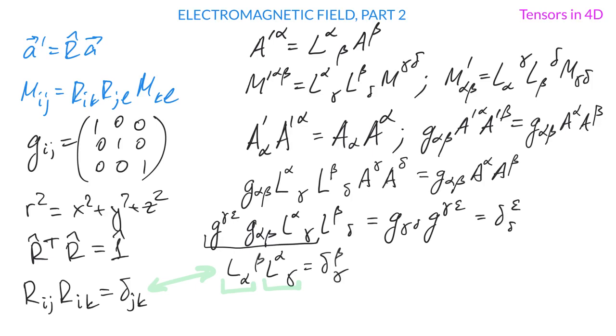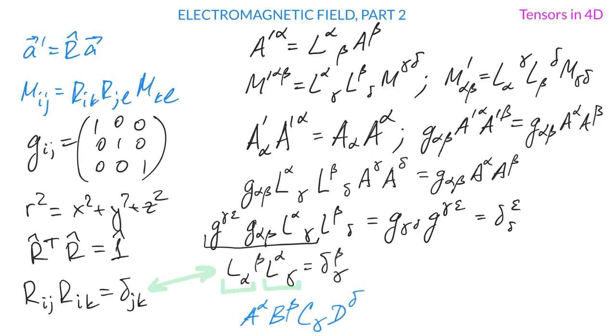So let's check what happens when we contract indices in a tensor expression. From the point of view of its transformation properties under the Lorentz transformations, any tensor is equivalent to a direct product of vectors. So we can write some expression like A_alpha, B^beta, C^gamma, D_delta, and so forth, with various indices, some of which can be covariant and some contravariant.